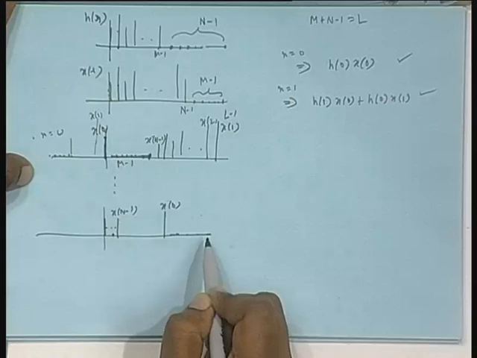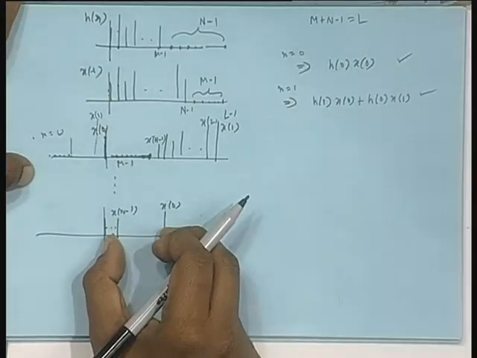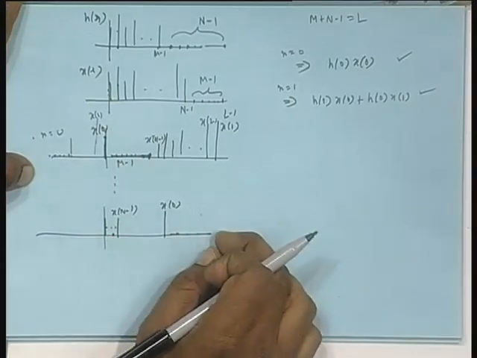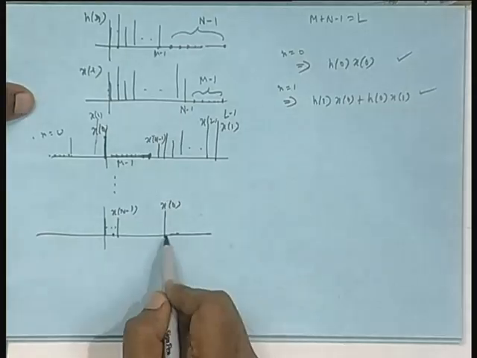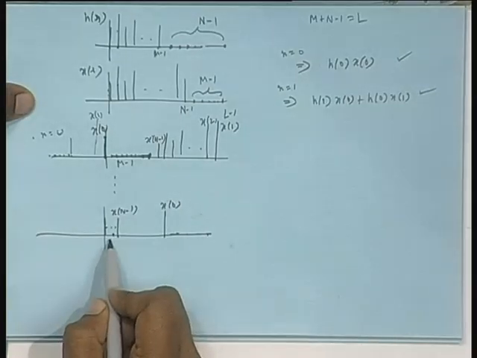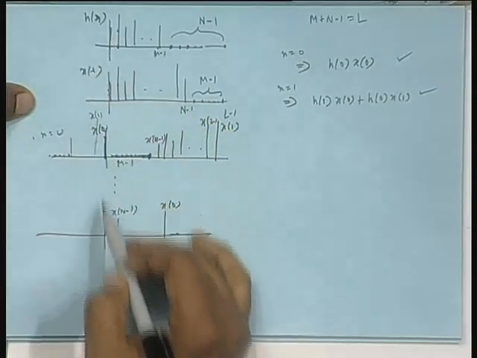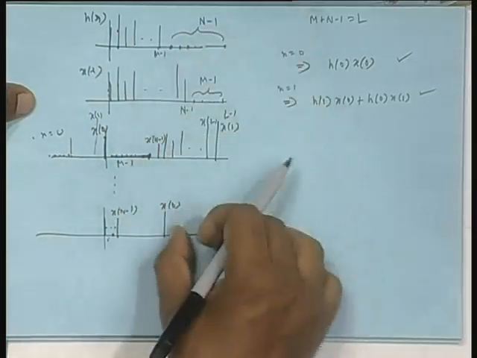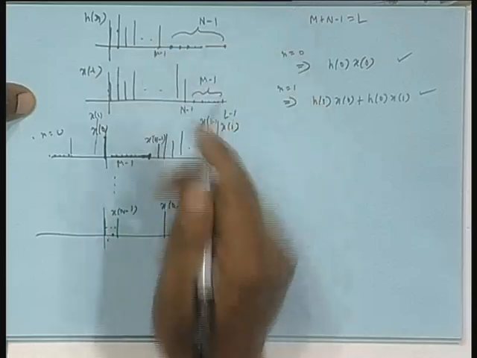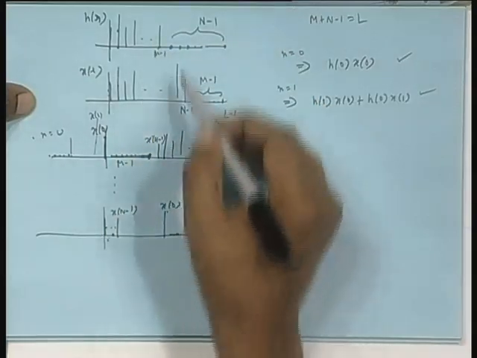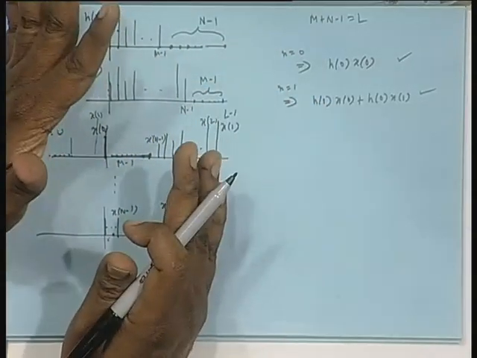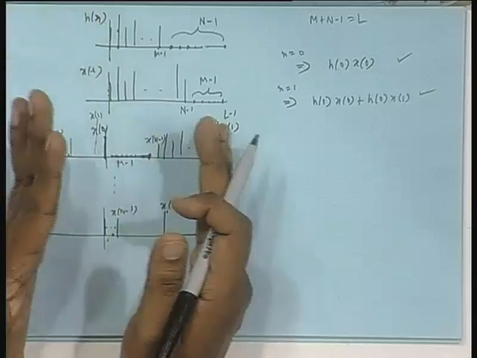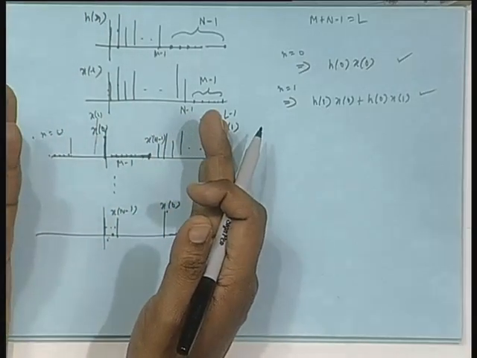This entire data in one block means the remaining points have to be 0, some zeros here and remaining zeros here. These zeros will make sure that nothing comes from the top, and these zeros are colliding with these zeros, no problem. So essentially you get linear convolution, as you do normally in linear convolution.